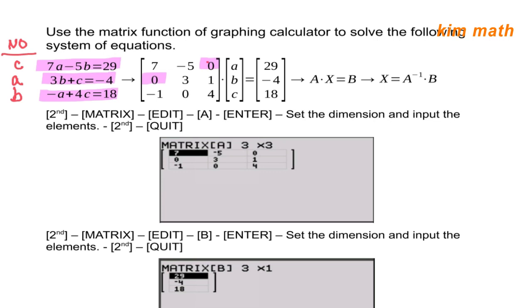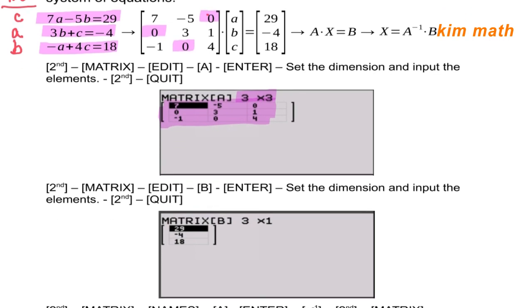With the same reason, third equation, there's no B, so please use 0 here. Okay, that will be here when you input your matrix A. Good. And this number will be here after you set the dimension 3 by 1.